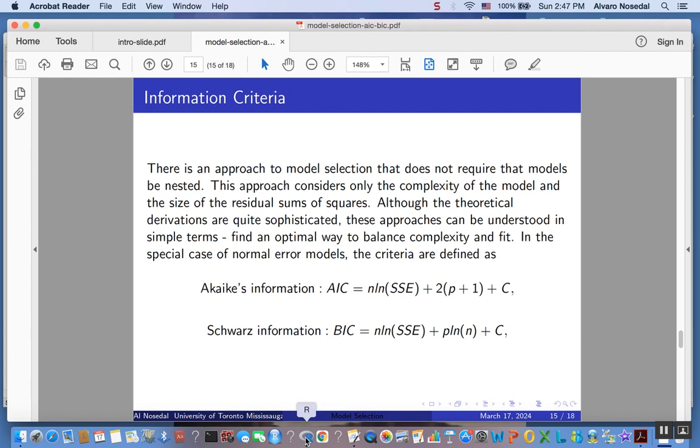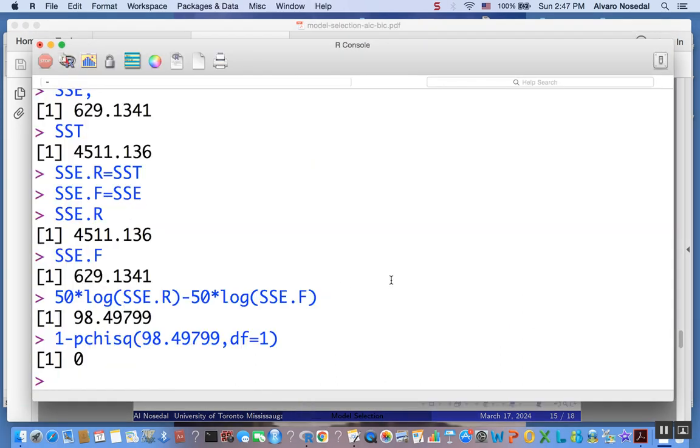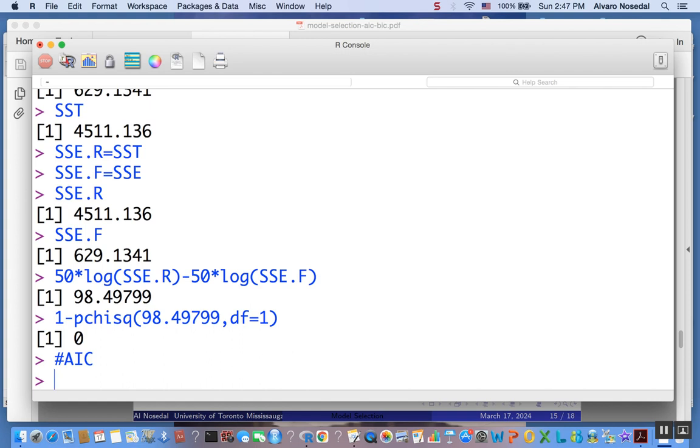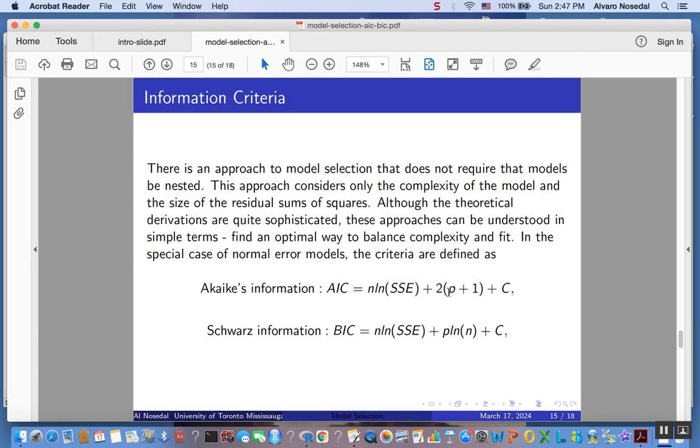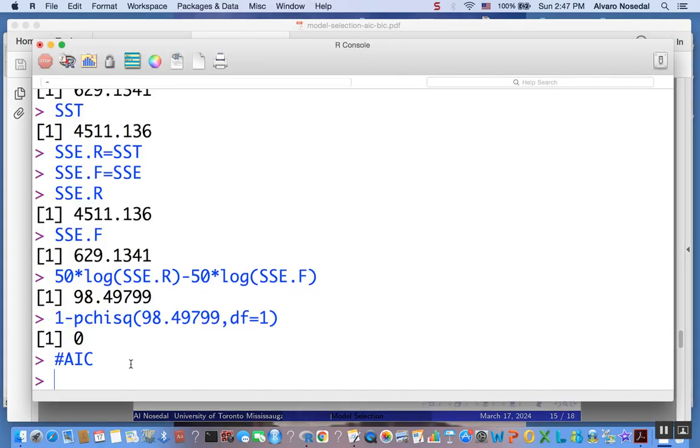Let's go back to R. So for Akaike's information criterion, we know that the quantity that you want to compute is n times natural log of the sum of squares of the error plus 2 times the number of parameters plus 1. Agreed? So let's do that for the reduced model.